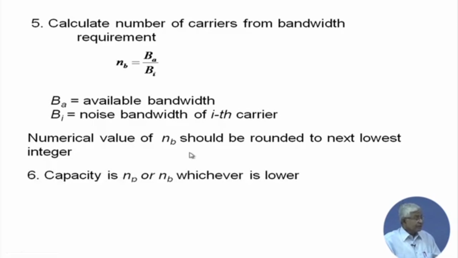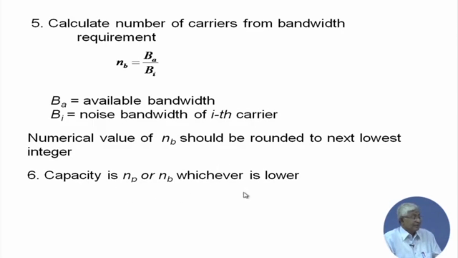Now, you have calculated in terms of bandwidth the number of carriers that can be supported. In terms of power, how many can be supported, that is NP and NB. Now, a particular transponder gives together the total bandwidth and total power that can be supported. That means whichever number is lower you have to take; the higher one you cannot take.